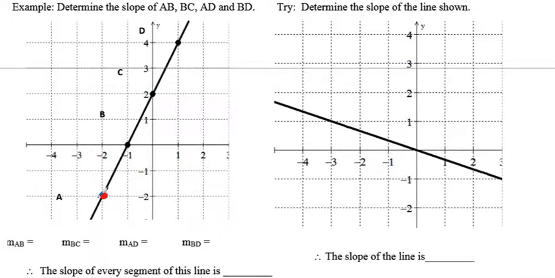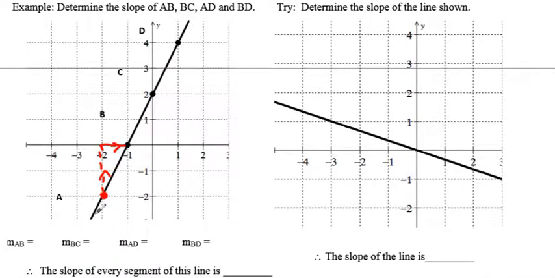I start at one of my points; it doesn't really matter which one. I draw the right triangle by going up to the height of the other dot I'm trying to get to, and then I go across. I went up and I went this way.